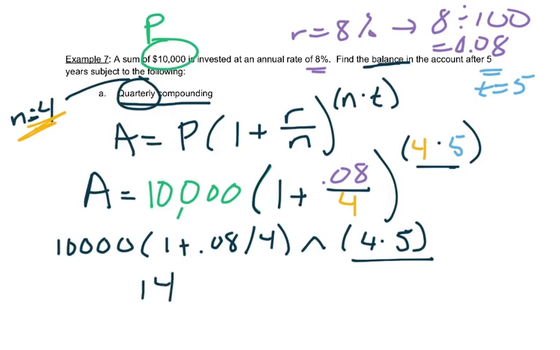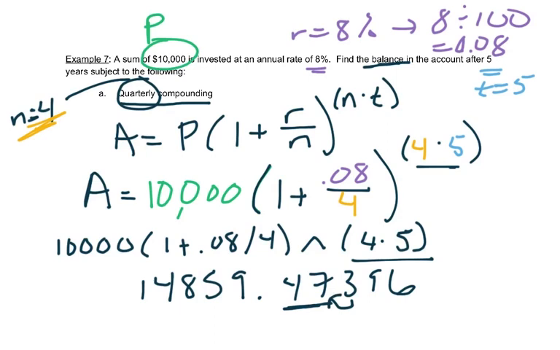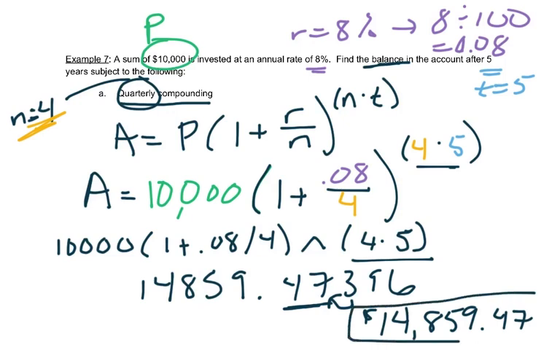Then you get 14859.47396. But it's money, so we go to the nearest cent. The 3 after the 7 tells us to leave that a 7. So we'd have $14,859.47.